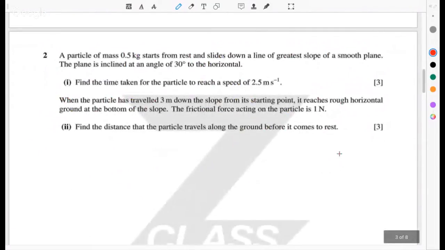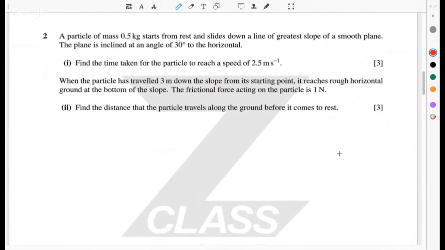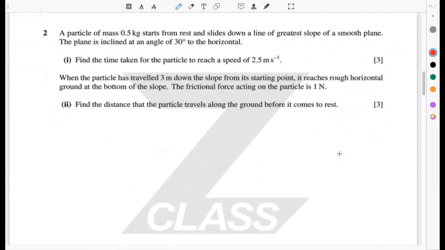Question 2. A particle of mass 0.5 kilograms starts from rest and slides down a line of greatest slope of a smooth plane. The plane is inclined at an angle of 30 degrees to the horizontal. So let's just try to draw a diagram.